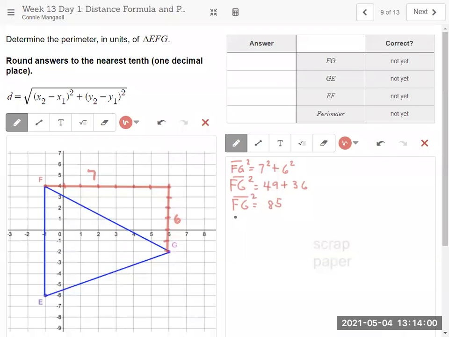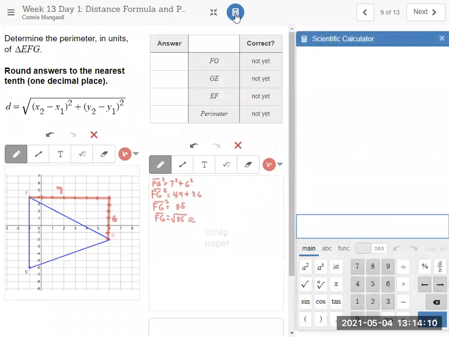So FG squared is 85, therefore FG is equal to the square root of 85, which is approximately, let's get our calculator, square root of 85, which is 9.2. All right? So your FG is 9.2.